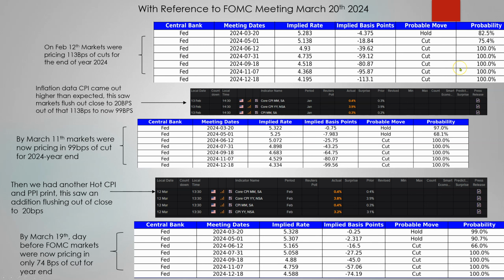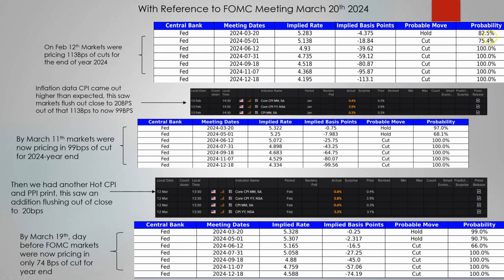Something you also need to note is this. Remember in the first one, we were having a hold here. Markets changed the cut we were supposed to have in May from a cut to a hold. And note the percentage probability.